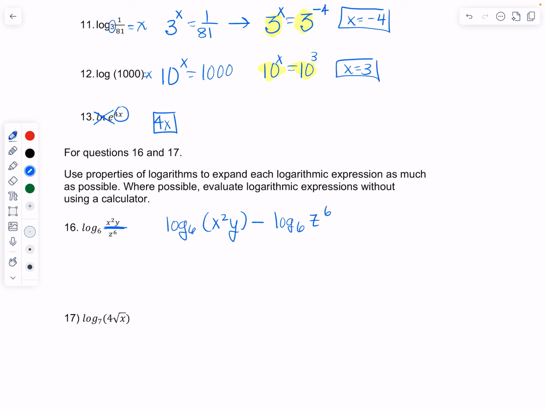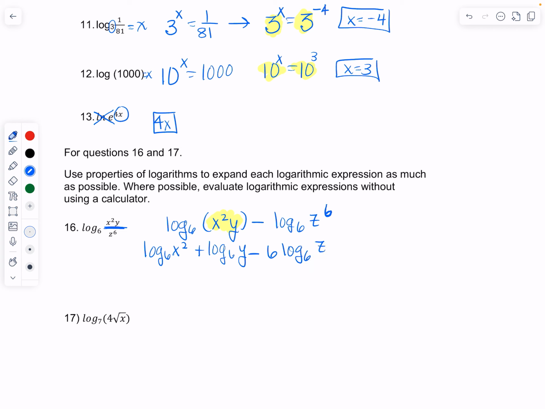Now I'm going to work on this one because I can break this up since they're multiplied together. X squared is multiplied by y. So if I break this up, it becomes log base 6 x squared plus log base 6 y. And then I'm going to bring this 6 down, so I'm going to bring -6 log base 6 of z.